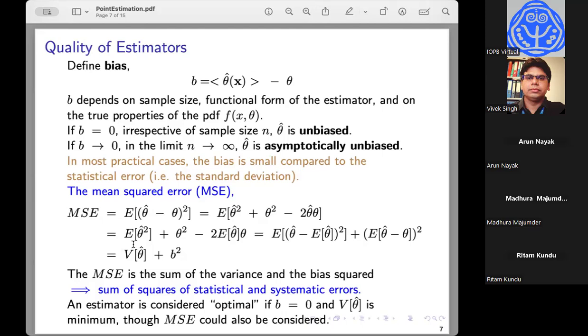The variance corresponds to the statistical uncertainties, the sum of squares of the statistical uncertainties, and the bias you can consider as a systematic error. Now you can say an estimator is optimal if the bias is 0 and the variance is minimum, or you can say the overall MSE is minimum.